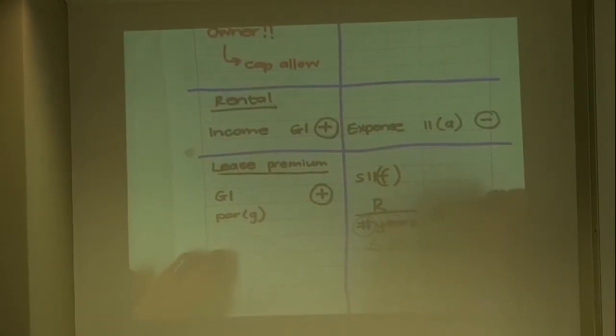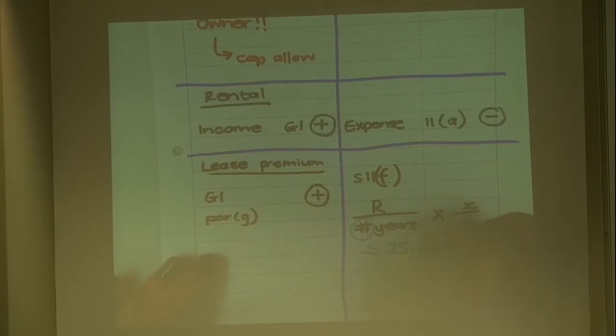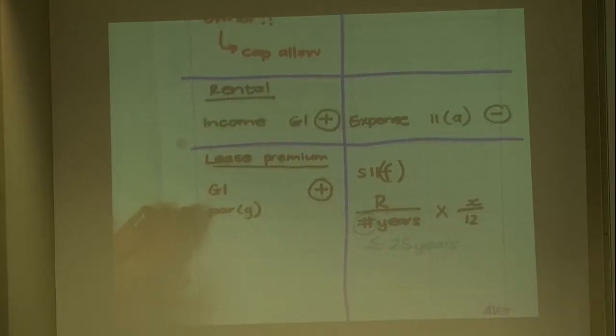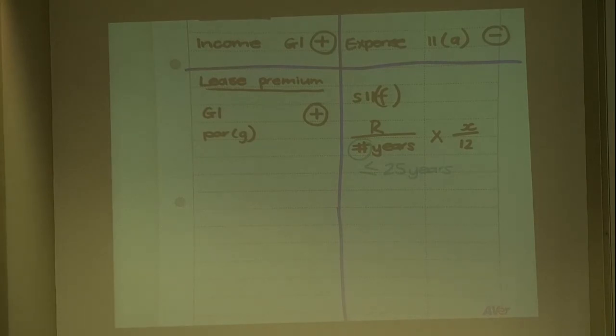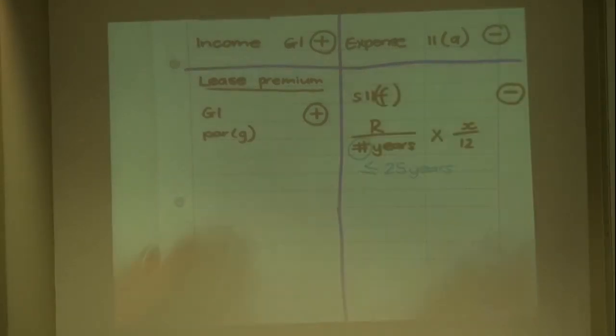Then we're going to apportion it. So we're going to figure out how many months in this year the lease was running. So apportionment is going to apply, and that is going to give us a deduction for the lessee. So there's a minus in their hands.